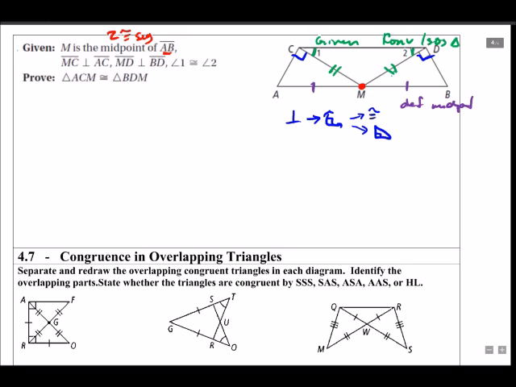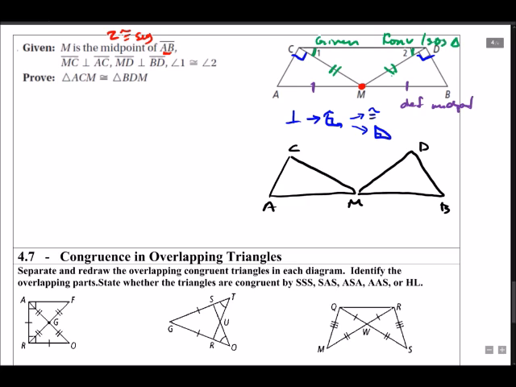We've got this triangle here, and this triangle right here, M, B, D, C, A. So I've got a right angle there, and a right angle there.